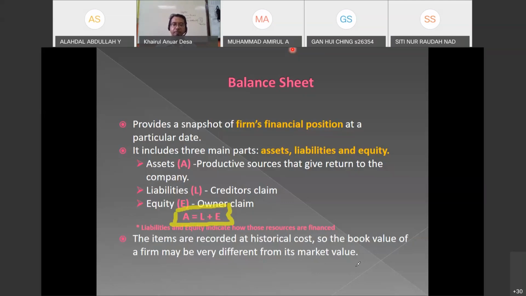Cost sejarah, meaning that when we buy an asset, for example, we buy a machine 2 years ago, pada 2 tahun lepas kita membeli sebuah mesin dan mesin itu direkod pada harga 2 tahun lepas. But today, the market value of the machine is not going to be the same as 2 years ago. So kita faham, that is the historical cost.